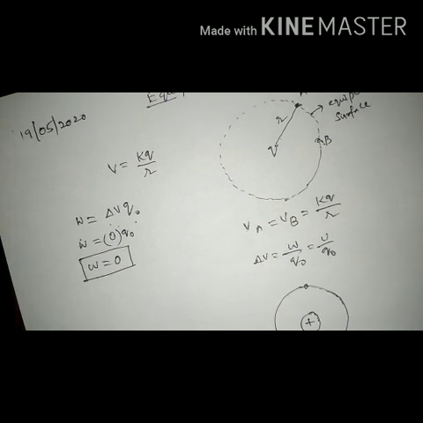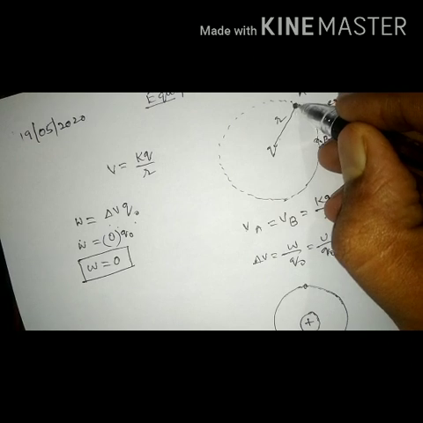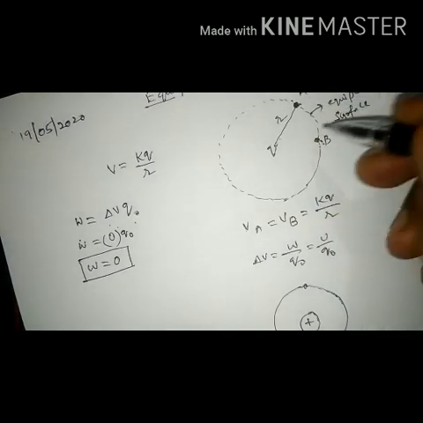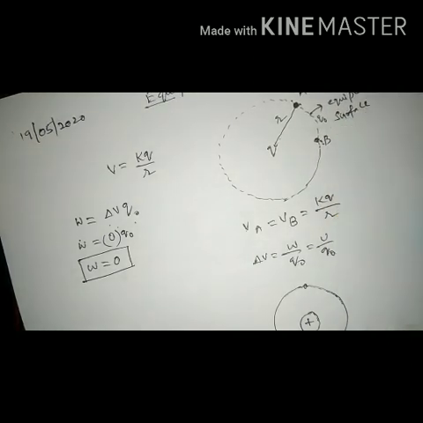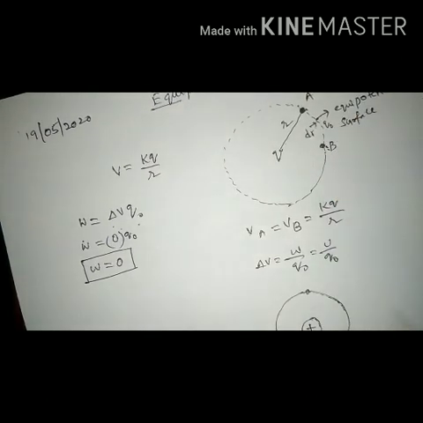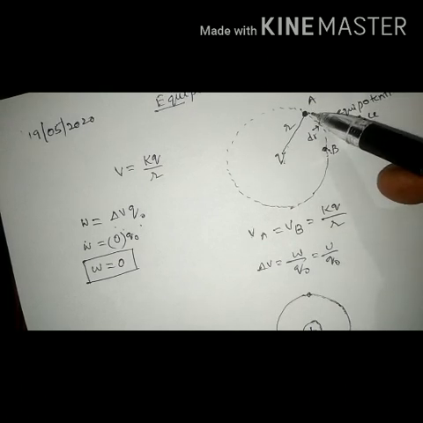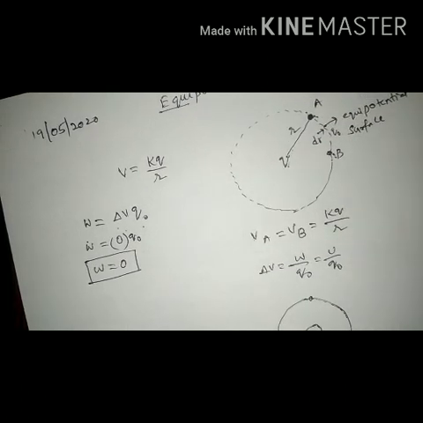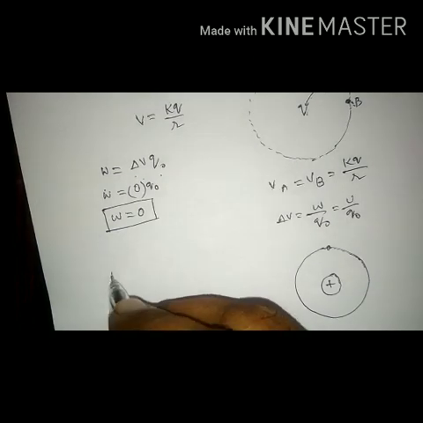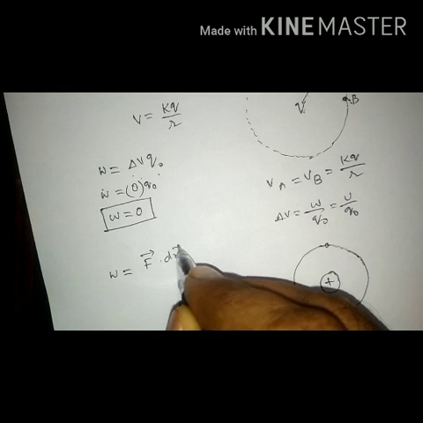If I consider these 2 points A and B, and suppose the charge Q0 is displaced by dr in the electric field of Q, what is the force experienced by this charge? The work done is equal to force F bar dot dr bar.